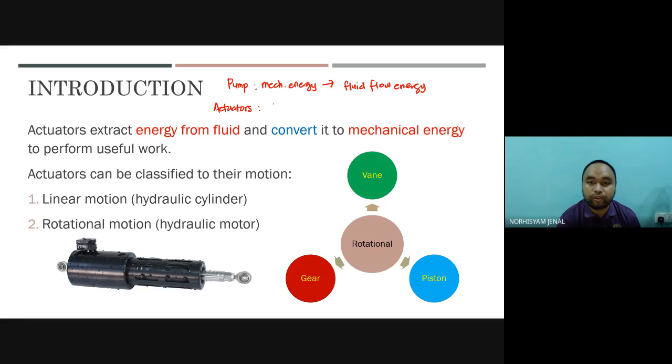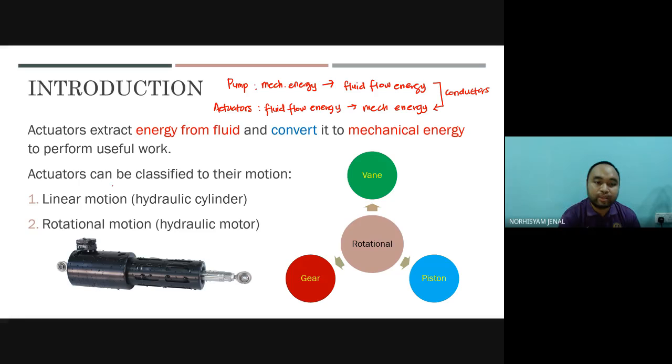You are transforming from fluid energy into mechanical energy. So what happens in between? In between, from pump to actuators, you will have your conductors. What are conductors? Conductors are pipings, tubings, a way for you to move the fluid from the pump to the actuators.